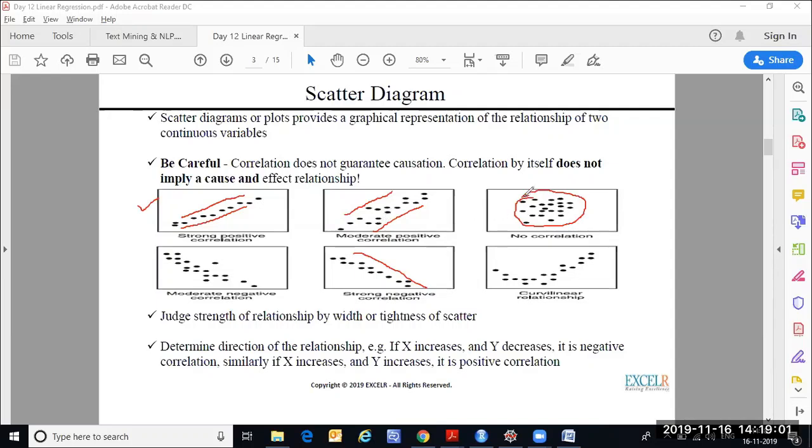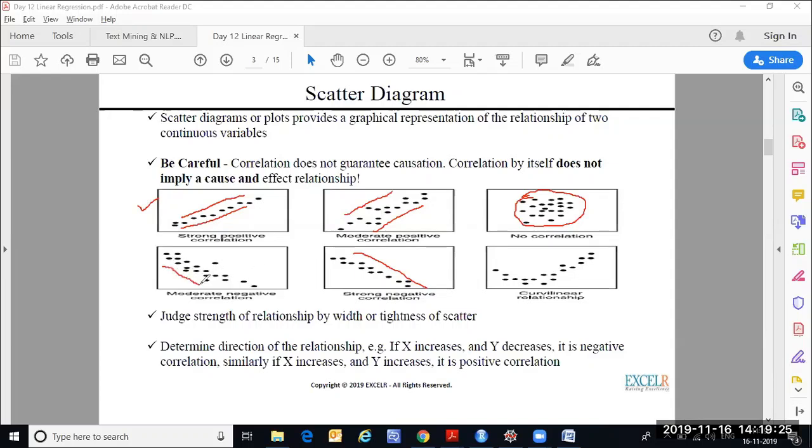If the data is spread like this, there is no direction, no clear indication of how a variable is maintaining a relationship with the other variable, then call that no relationship. The direction could be positive or negative, plus the strength of the relationship.